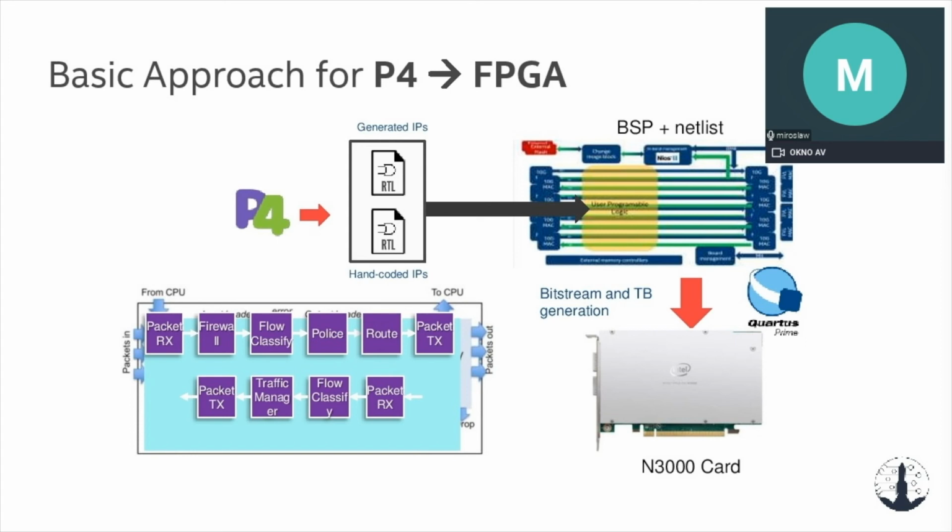At the end, using the constraints we have inside the design, we create a simple design where we can use Quartus Prime to generate the bitstream. Quartus Prime does the synthesis and the fitting of the design. At the end, we get the bitstream, which we can load onto the card.